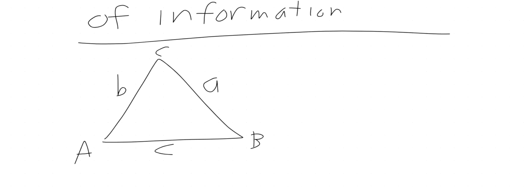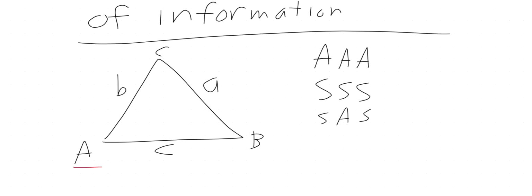So we could have all of the angles. We have all the sides. We could have a side, an angle, and a side. I want to be careful with this: the side, the angle, and then the side.